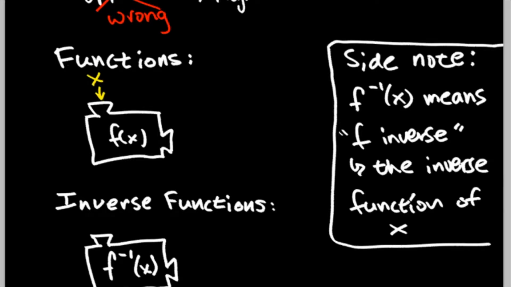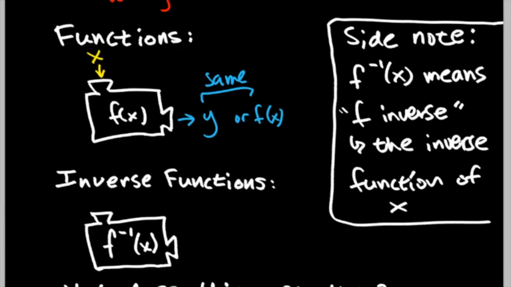A function will take an x and then give you y. An inverse function does something a little bit different. An inverse function is going to take in that y value, and then what it will give you in the end is the x value that made that happen.